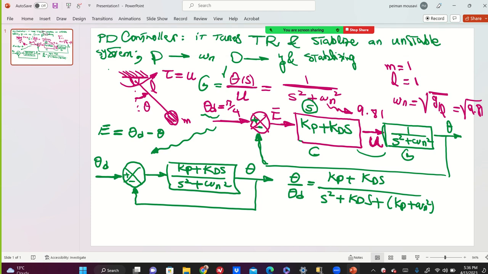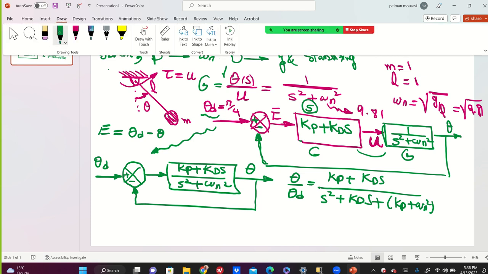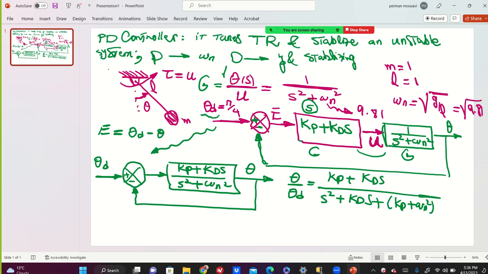So this is your closed loop transfer function by adding the controller.